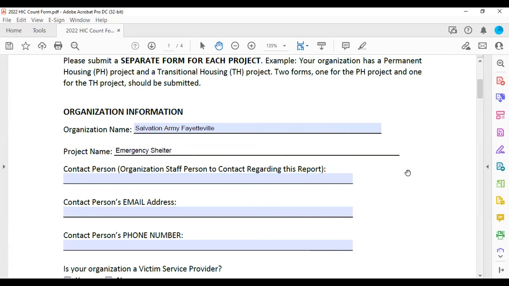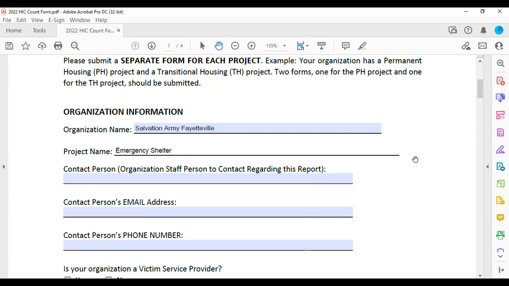Because you will have like Seven Hills, you have different programs with different names, so you'll have separate HIC forms. So what I was going to ask, if we'd have one for permanent supportive, one to count our dorm and family transitional units, and then another for our rapid rehousing.